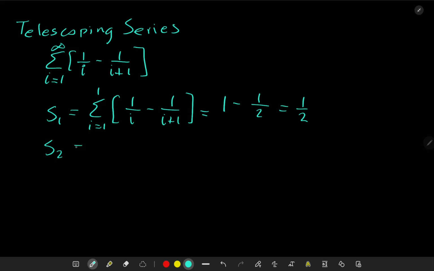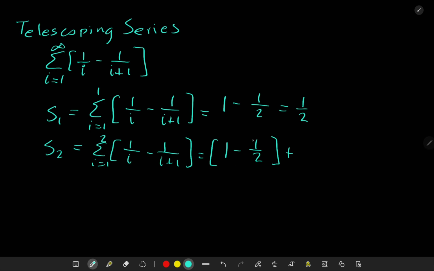S2 is going to be the same thing, sum from i equals 1 to 2 now, because n is 2, of the same term, or same summand. And here I would have the first term when i is equal to 1, which is the same as above, 1 minus 1 half.